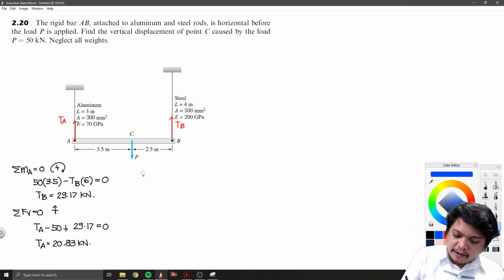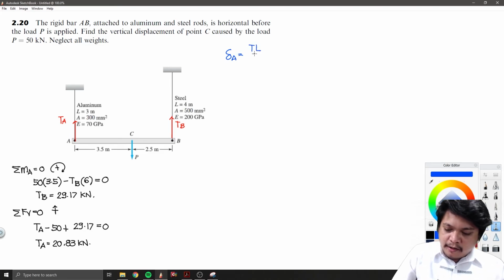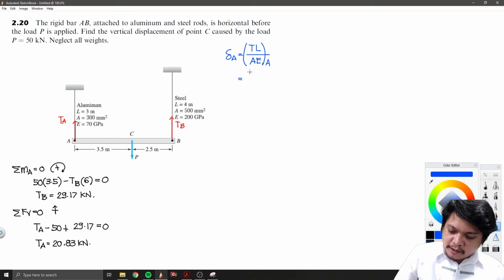So, I will be having here the deformation at A. So, that is equals to TL all over AE. Okay? And this is from the A. So, we will be having here the T, that is 20.83.